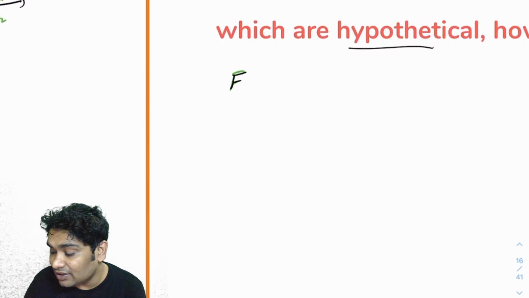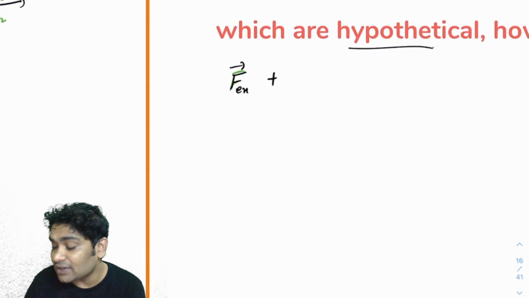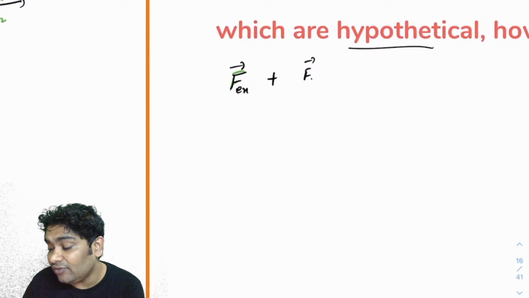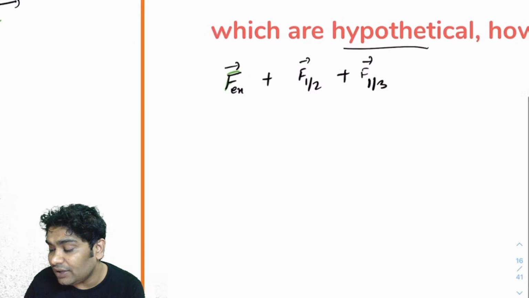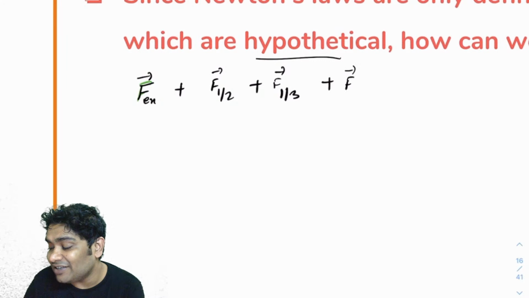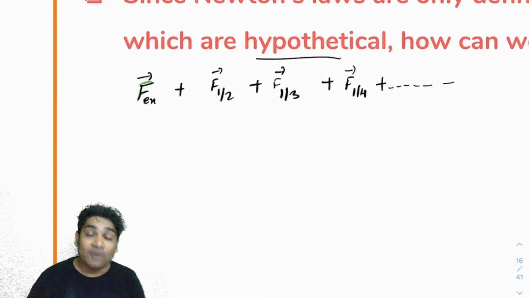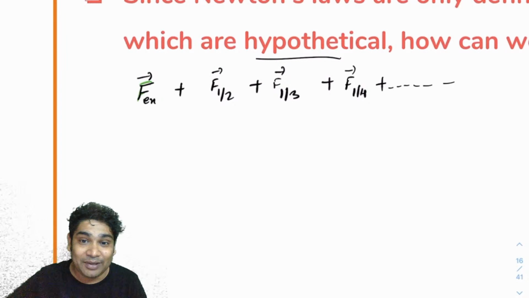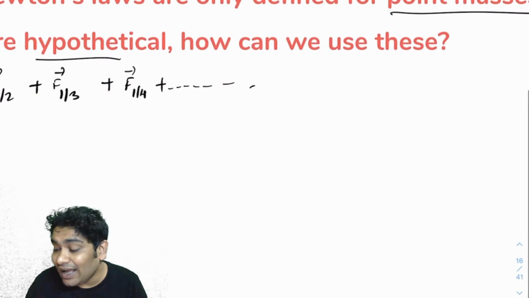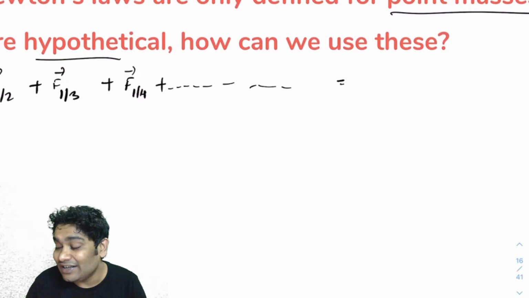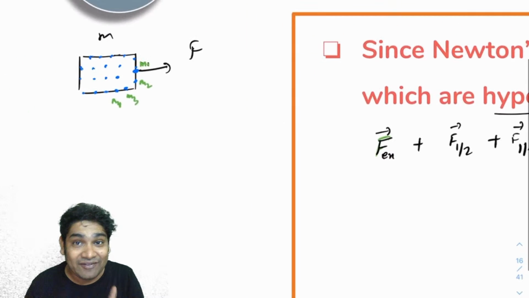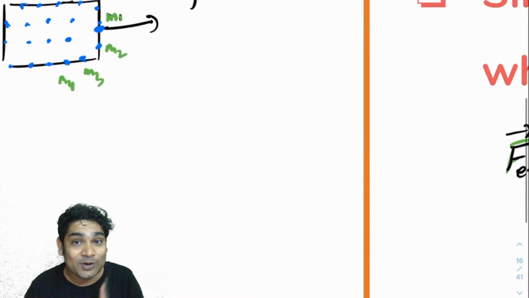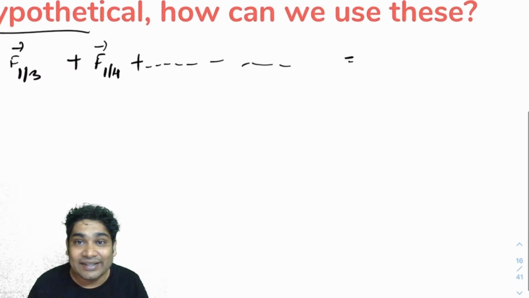So let's say F external vector plus M1 must be feeling some force due to M2, plus M1 may be feeling some force due to M3, plus M1 may be feeling some force due to M4, and so on. So I will write the force that M1 is feeling due to all M2, M3, M4, till M infinity. Okay. Now when I add these up, what does Newton's law say? Now this is a point mass. M1 is a point mass. Okay, so I can apply Newton's law for this. So here I don't have a problem.